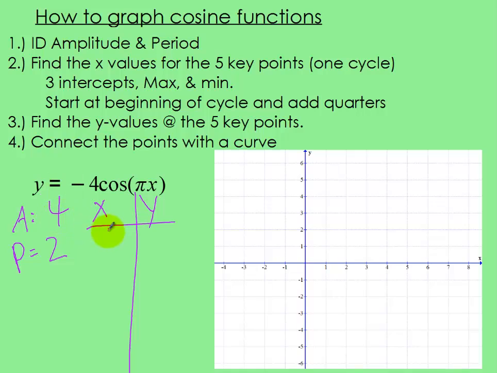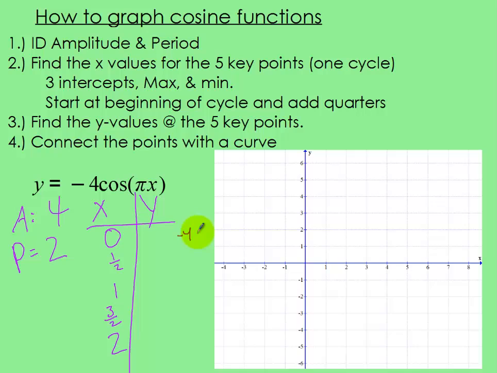My first key point is going to happen at 0, and since the period's 2, the end is going to be at 2, and the middle is going to be 1. This is going to be 1/2, and this is going to be 3/2, that's 1.5. So you plug those in for x to find your y values.